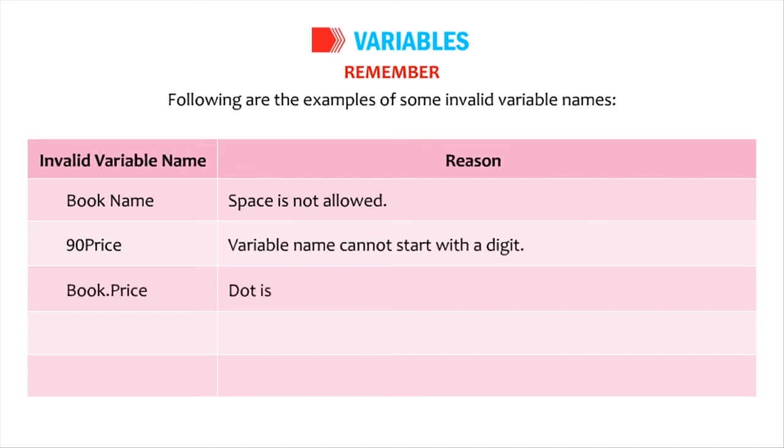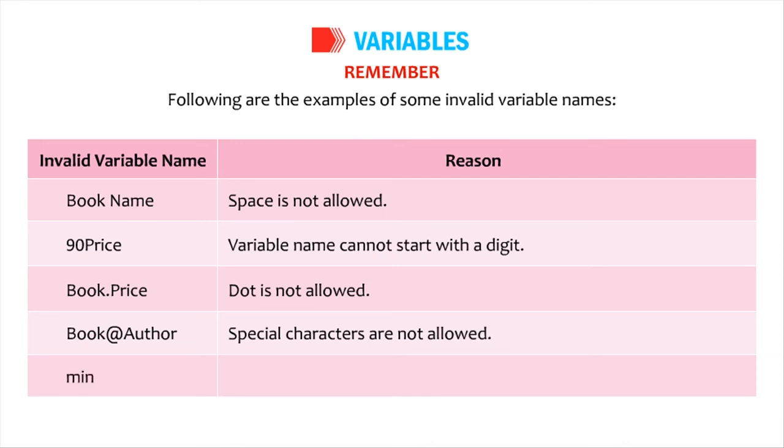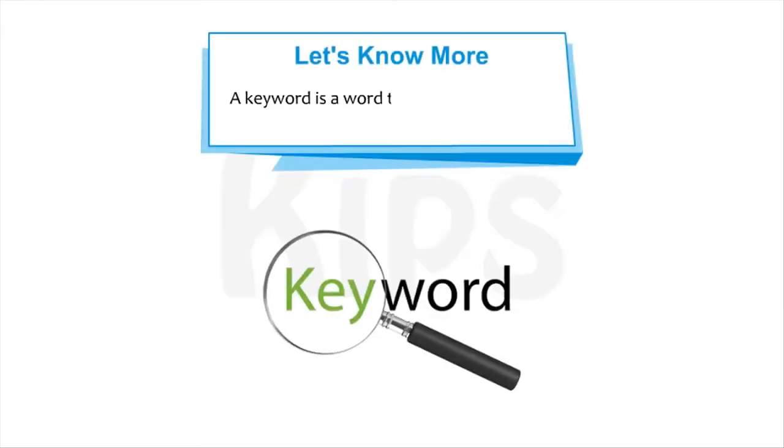Book.price: dot is not allowed. Book@author: special characters are not allowed. min: min is a keyword in Python, so it cannot be used as a variable name. Okay, let's know more. A keyword is a word that conveys a special meaning to the compiler.